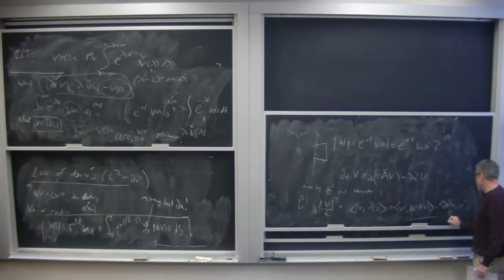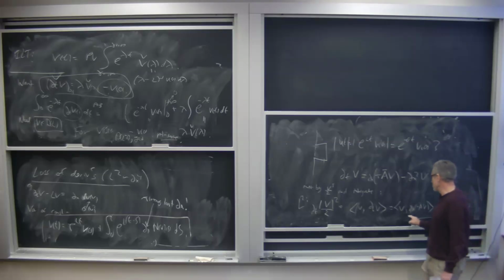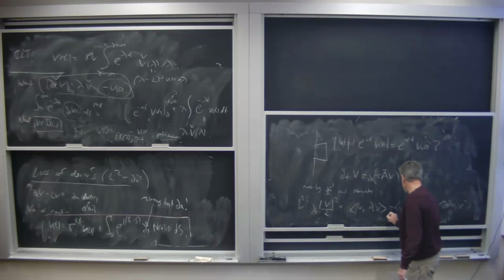This one we know, integrating by parts, that's a plus. Integrating by parts, we get negative dx squared v in L2 norm, which is a very good term. This one we get by Cauchy-Schwarz, order of v dx v.